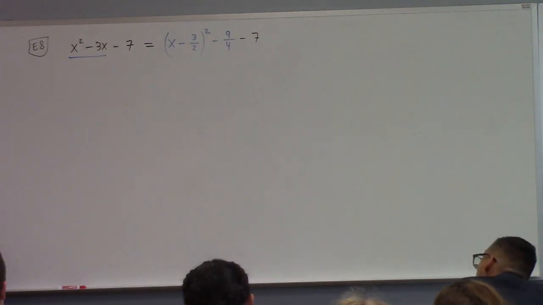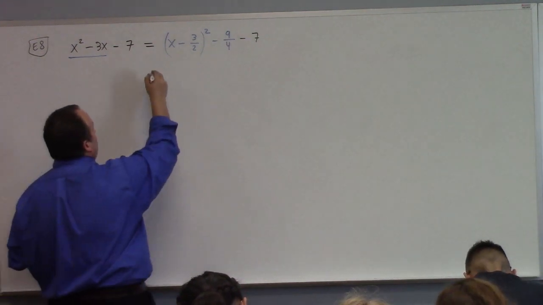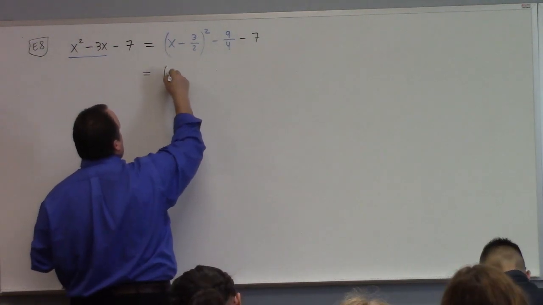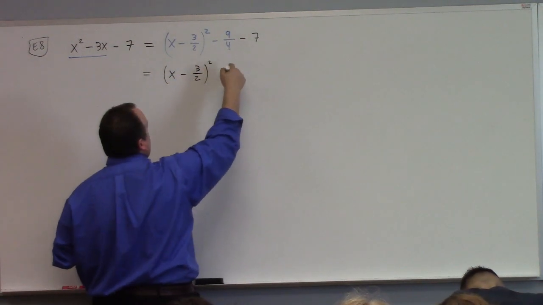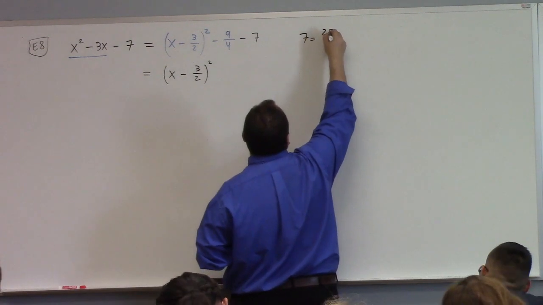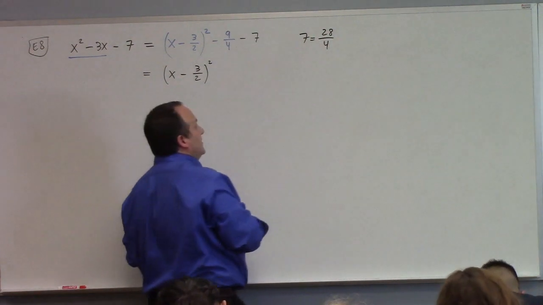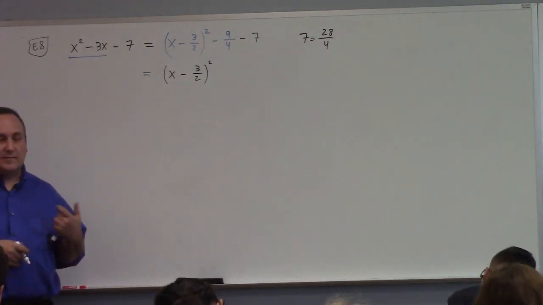Now, it's a little bit trickier, right? But we can do this. We can convert that to a fraction. So we've got x minus 3/2, quantity squared. What's 7 in terms of fourths? I heard a 28/4, I'll take it. And it's a minus, right? So what's minus 9 minus 28?